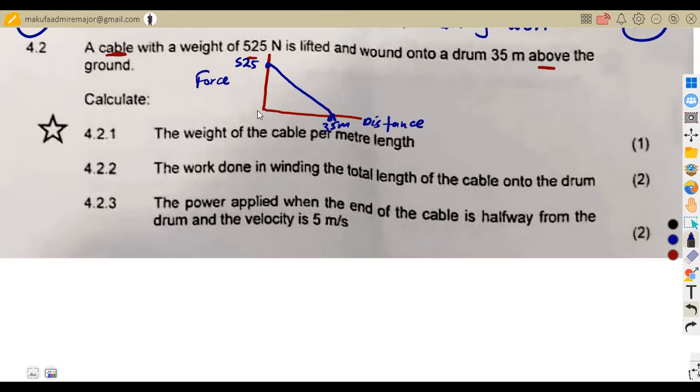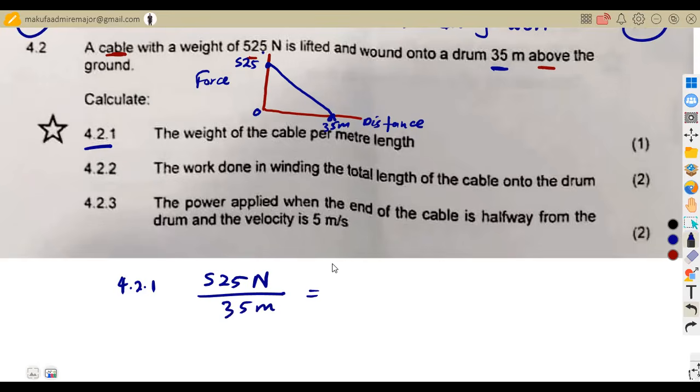If you are dealing with the weight of a cable itself, all right? So the question was on 4.1 to calculate the weight of the cable per meter length. We already have the weight of the cable 525 and the distance that was wound. So meaning to say, we are simply going to divide the weight that we are given of 525 by the distance of 35 meters in this case.